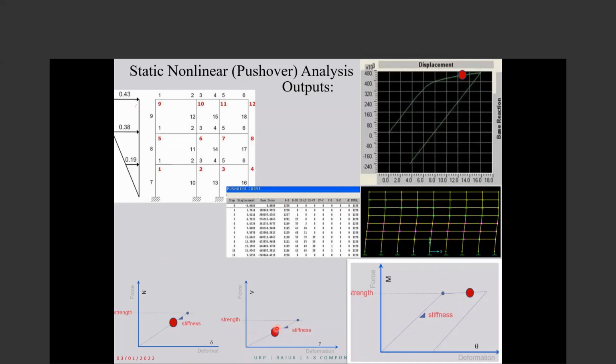So the demand increases, then here some of the deformation control parameters pass their limit and become damaged, but they didn't pass the damage capacity that they have. They didn't pass the ductility capacity.